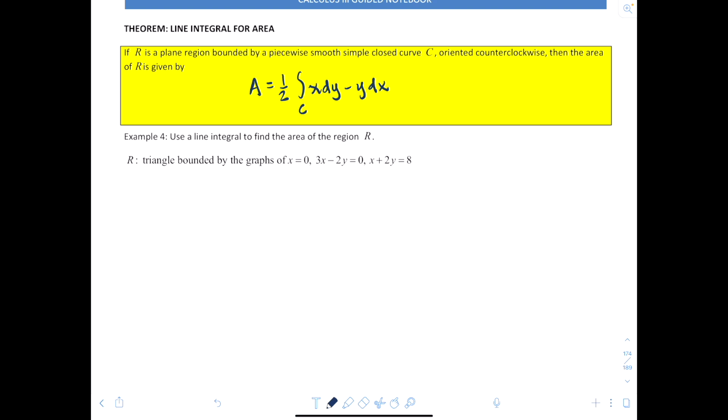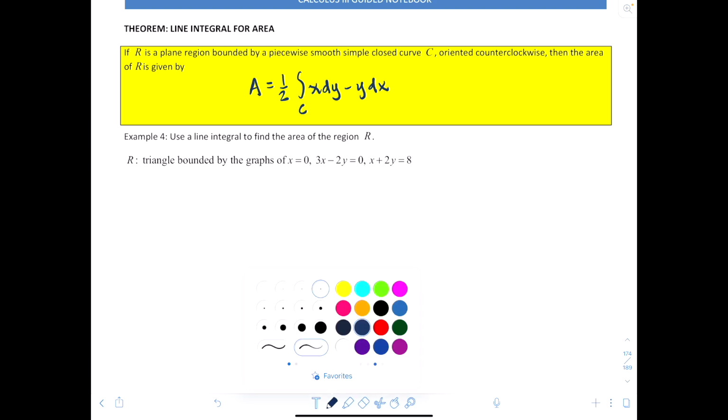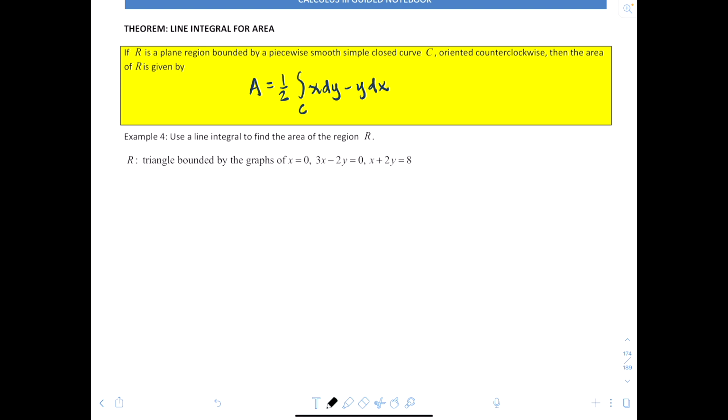So here we're looking to find the area of a triangle bounded by the graphs of x is 0, 3x minus 2y is 0, and x plus 2y is 8. So let's see what these all are.